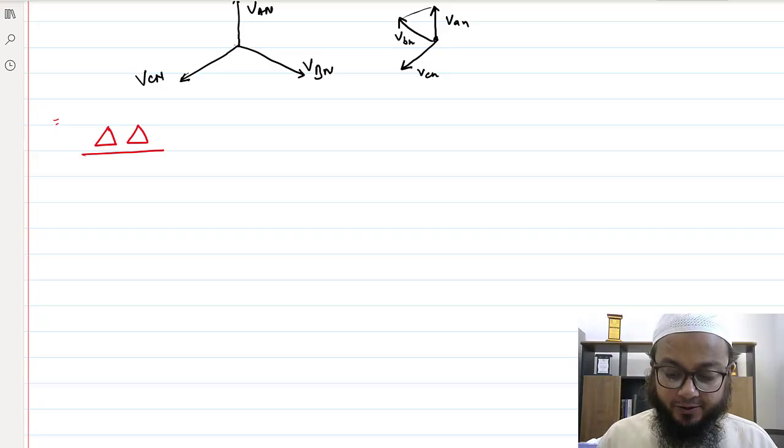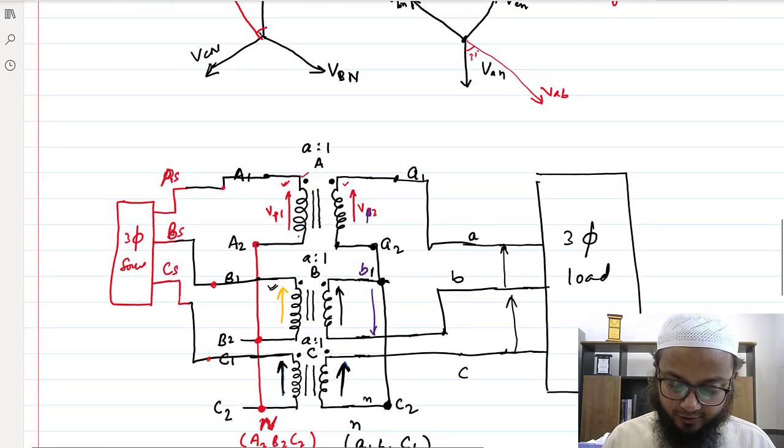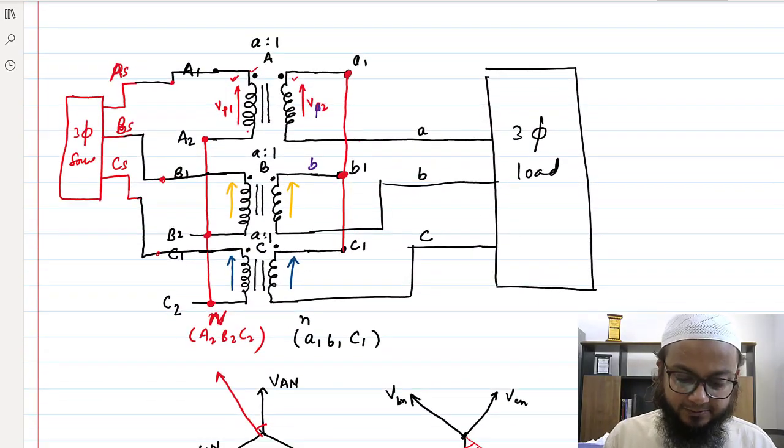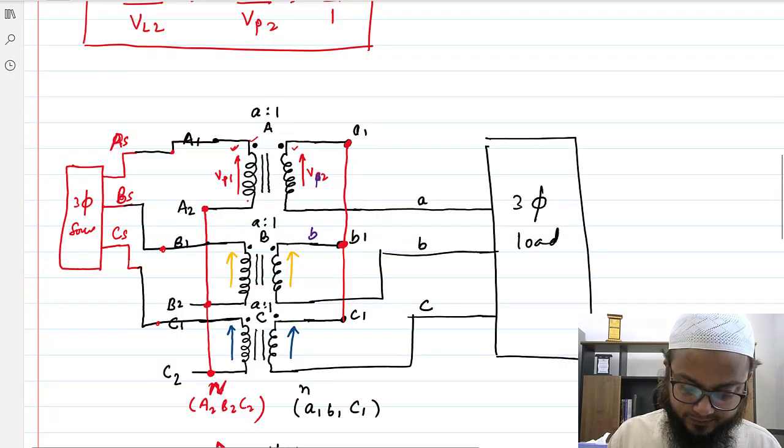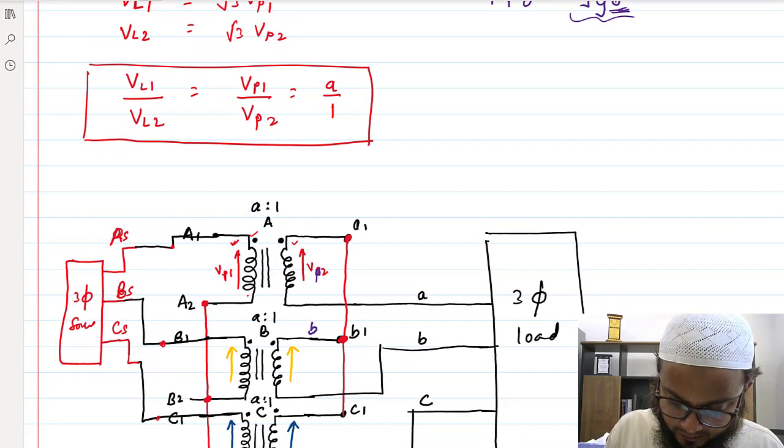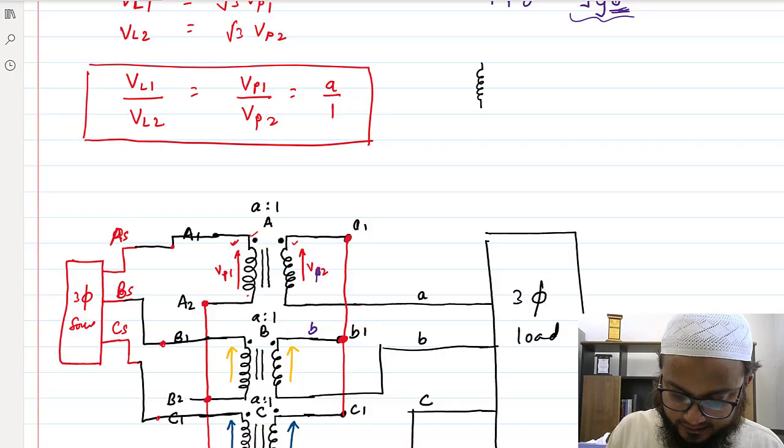Before moving further, we'll see how these are becoming a star, right? So I'm just drawing the simple version of it. Okay, just to simplify, I will just draw the transformers connection here. So let's say for transformer 1 or transformer A, this is the primary winding. Okay, so this was A1.